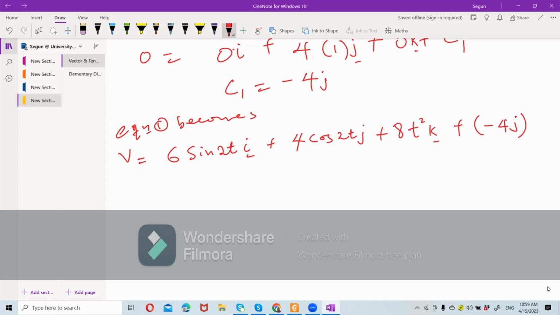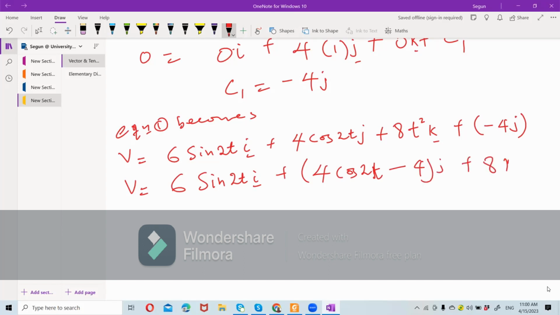Don't forget. So I can merge all the j together by saying V equals to 6 sine 2t i plus, in bracket, 4 cos 2t minus 4 j plus 8t squared k. Any question?